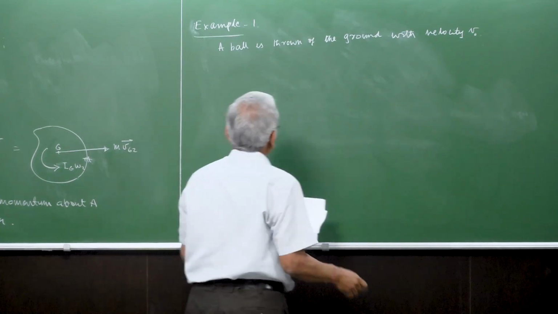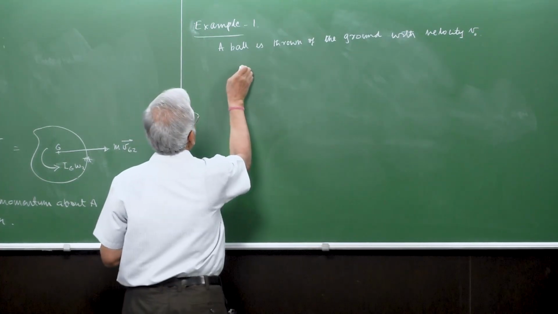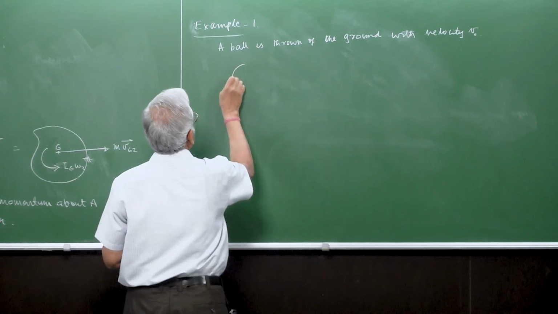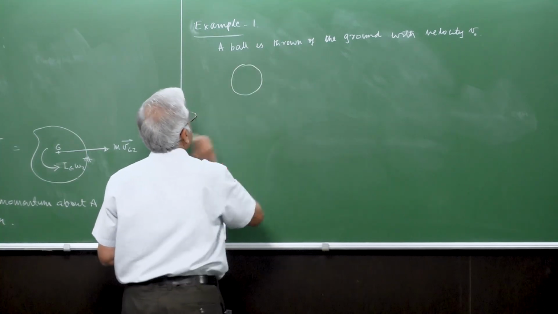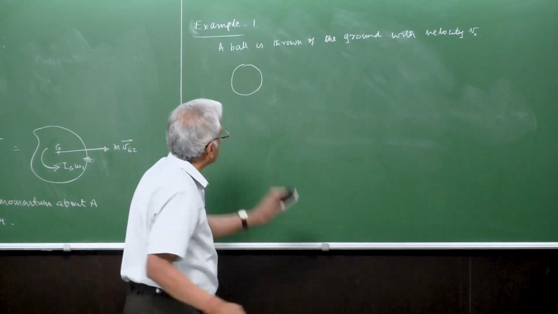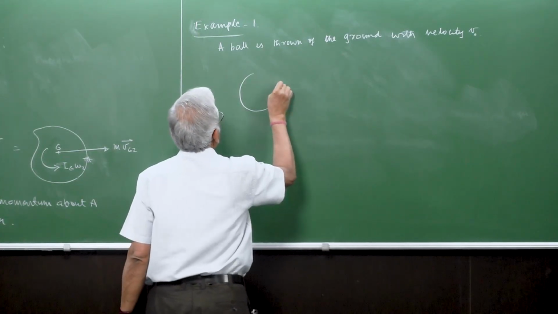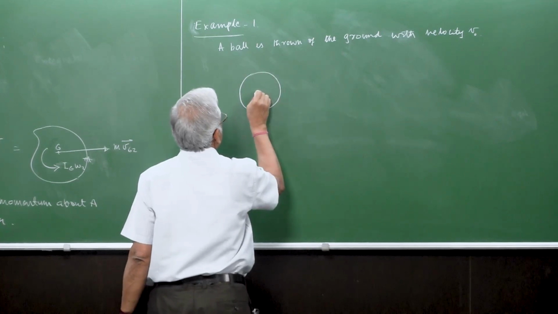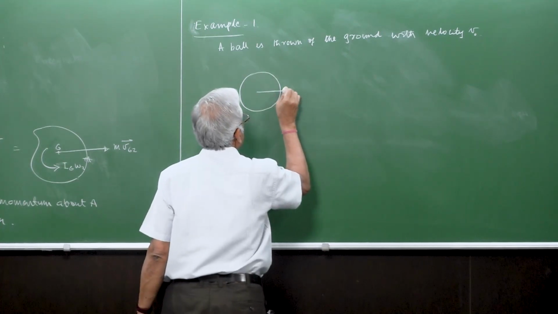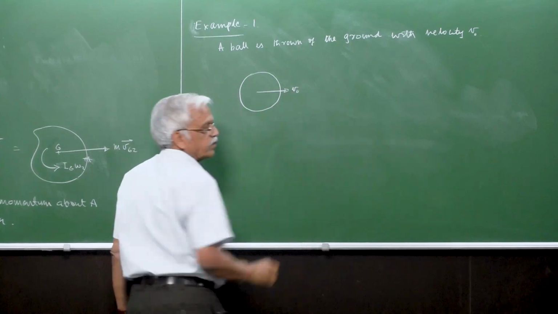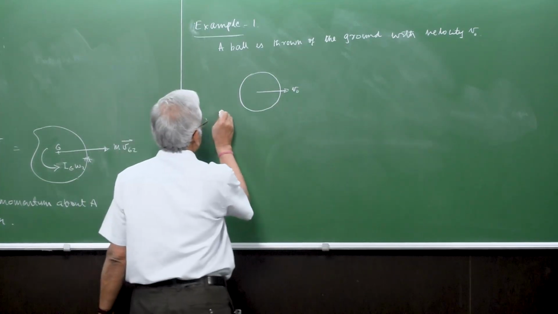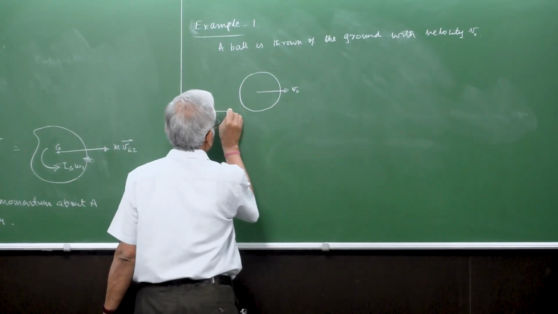So what we mean by that is that we have a disc or a cylinder with a velocity v thrown on the ground.